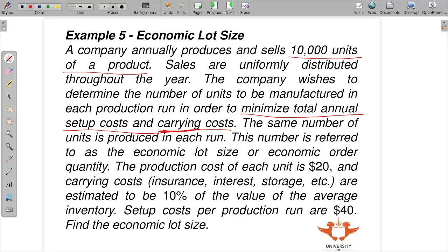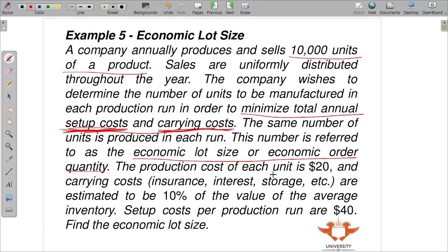So we have two costs to minimize: carrying cost and setup cost. The same number of units is produced in each run. This number is referred to as the economic lot size or the economic order quantity.